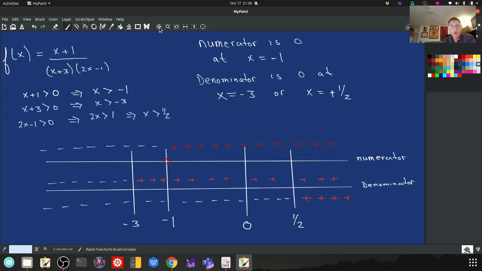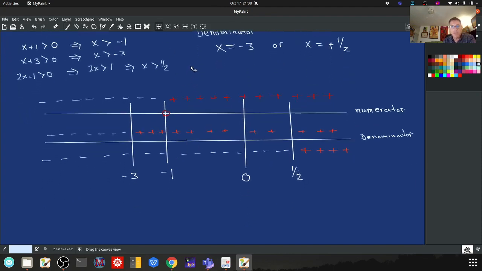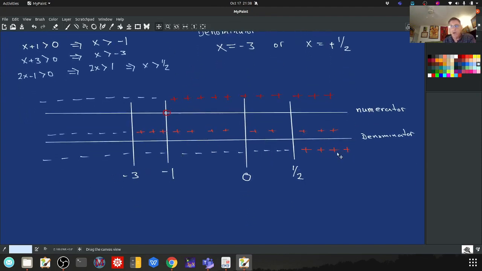So now we start looking at intervals. From all of this, I want to find the intervals in which f of x is positive or negative.